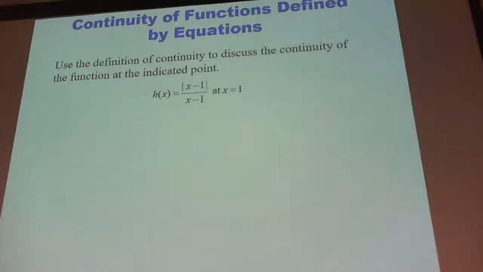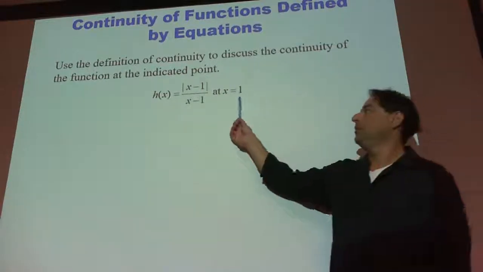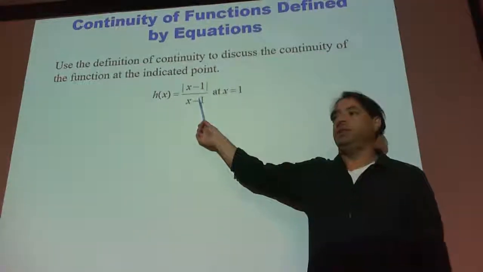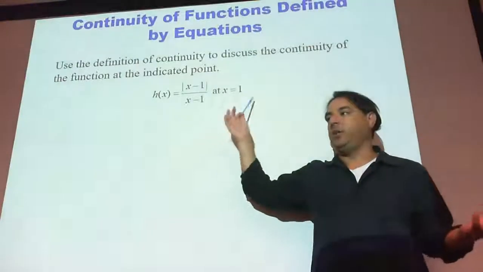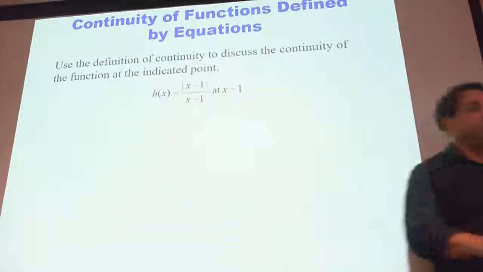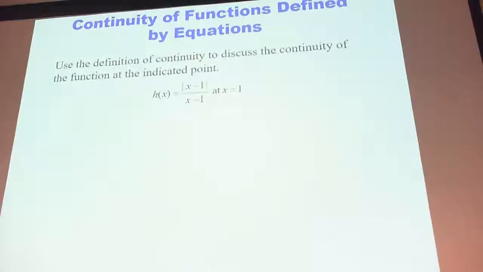h of x equals the absolute value of x minus 1 over x minus 1. Is it continuous at 1? Can you plug in 1? What happens? You get 0 in the denominator. Can you have 0 in the denominator? Nope. Is it continuous at 1? No. That's it. Let's not overcomplicate it or make it weird.